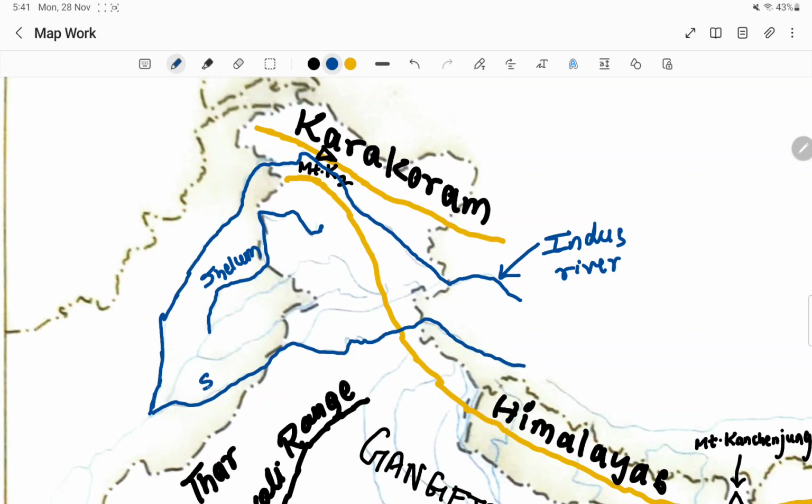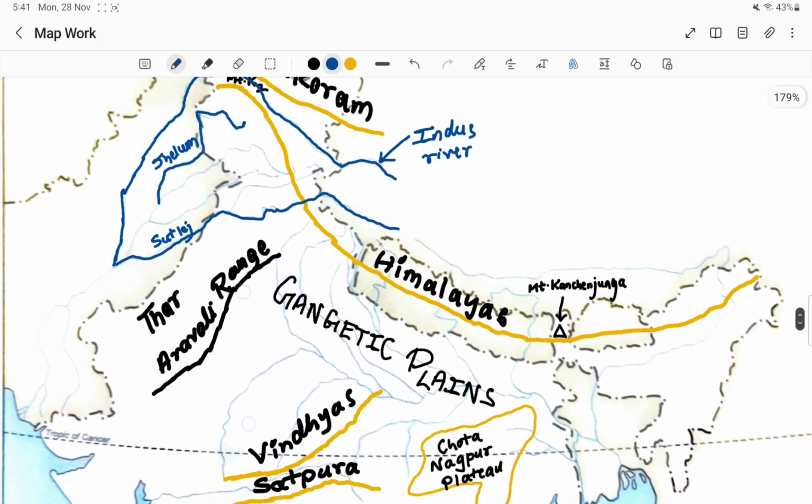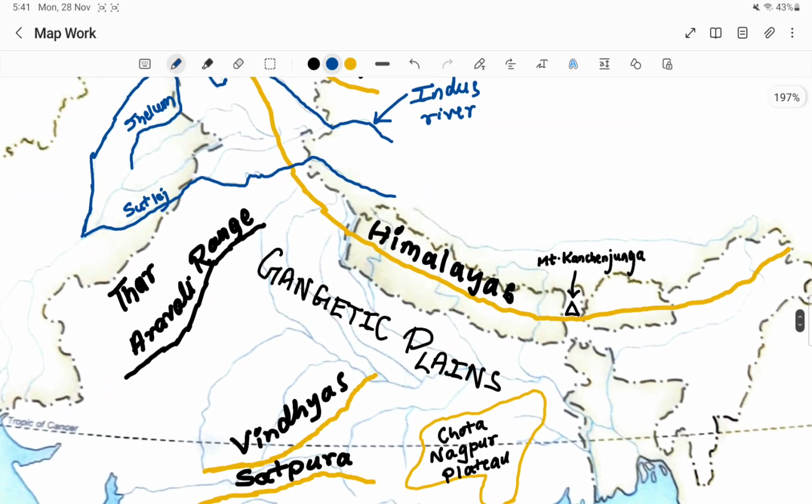So this is the Sutlej River. Next river is the Ganga River. So this will be our Ganga River.